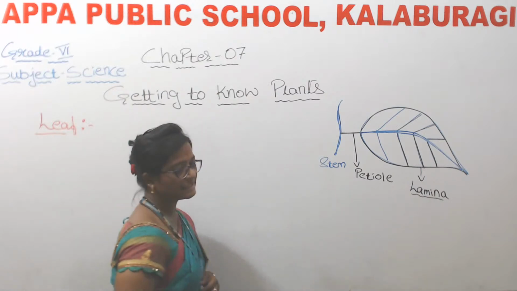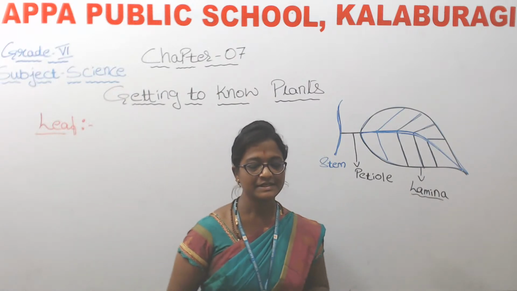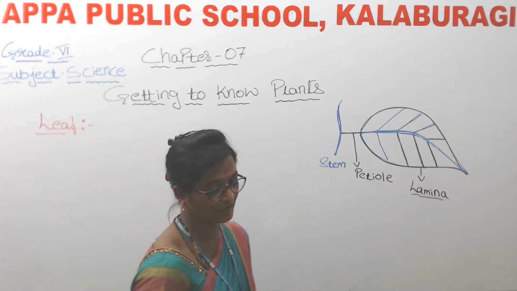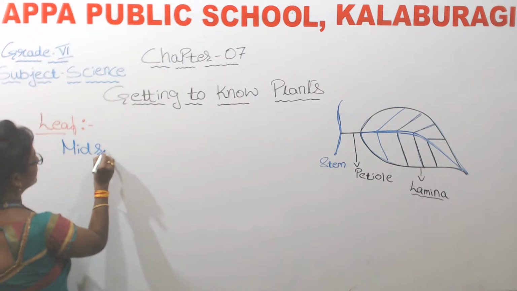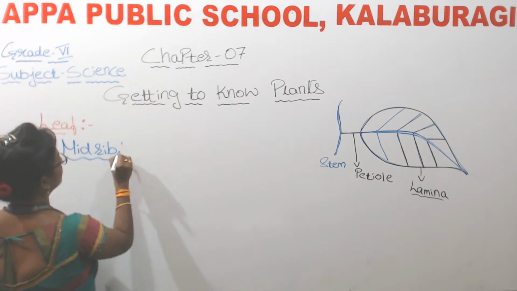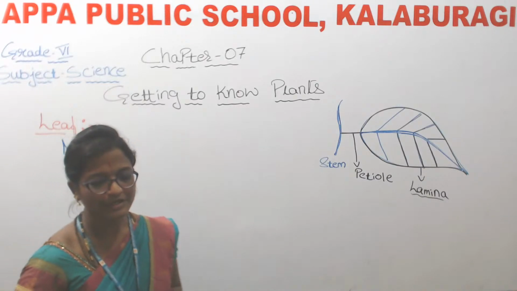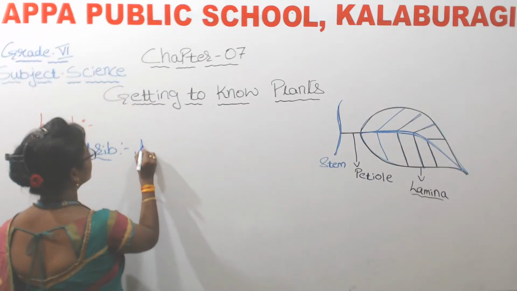So the thick line which is present in the middle of the leaf is called as midrib. Okay, so what do you mean by midrib here?